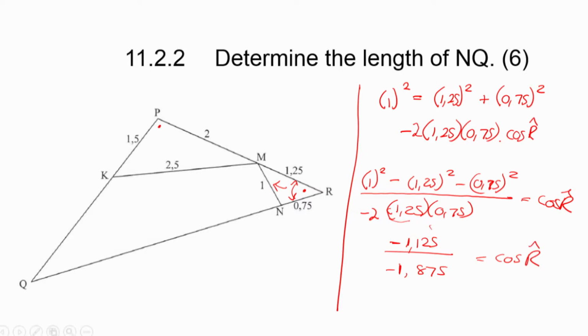We assume it's going to be in the first quadrant, so 1 comma 125 divided by 1 comma 875. Yes, that's perfect, and we get 53.13 degrees, which is angle R. Then this is a long way around.